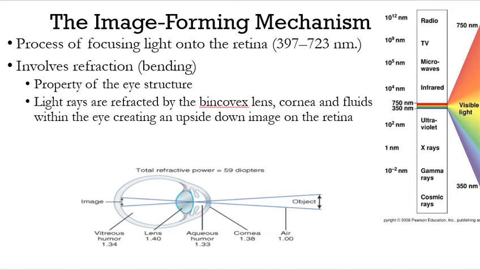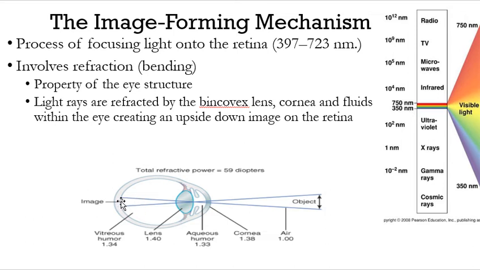So refraction is a big property of the eye structure, and you see that it not only starts at the lens itself, but once the light hits the cornea, you have an amount of refraction that happens, and also the fluids within the eye, as well as the lens, creating this upside down image on the retina, as you can see.